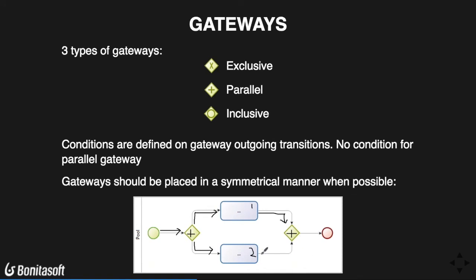So you will wait until task number 2 is executed. And we can continue. So the parallel gateway will activate all the output transitions, and when used as a multiple input, it will wait for all the inputs to come in before activating the outputs.